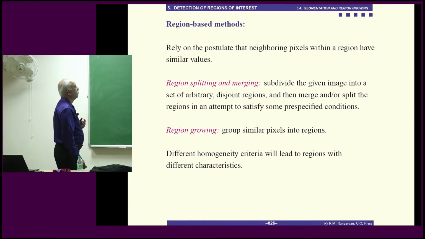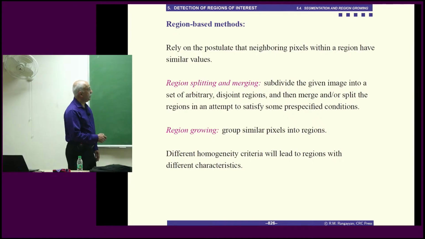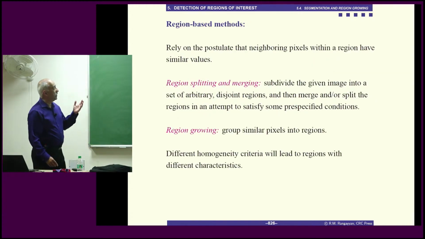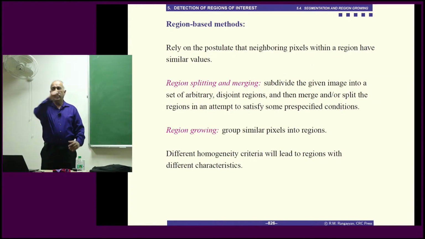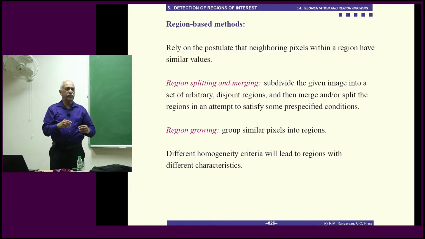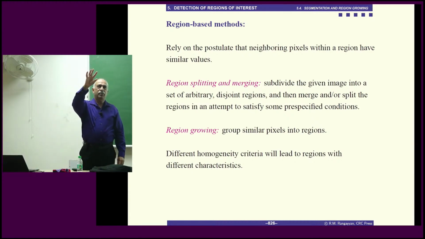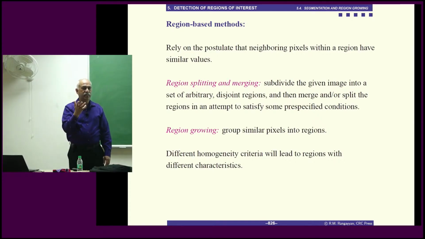Region-based methods. There is the region split and merge, splitting and merging techniques. And then there is region growing. Split and merge says subdivide the given image into a set of arbitrary disjoint regions. Just break into quarters and take each quarter and break further and keep breaking further. Do the first partition and check each of the quarters and see if they meet some condition of having similar pixel values, such as variance.